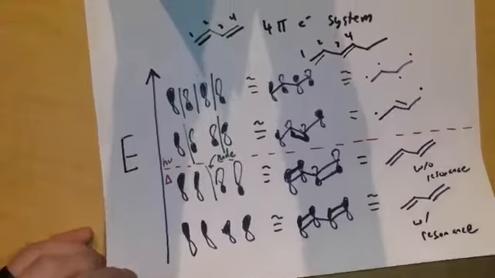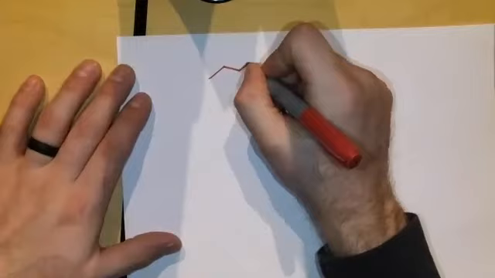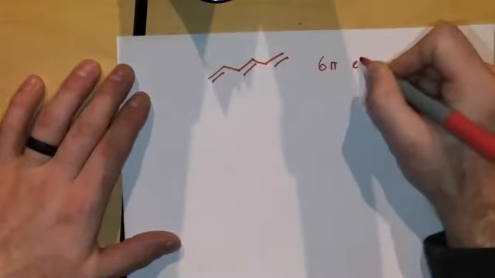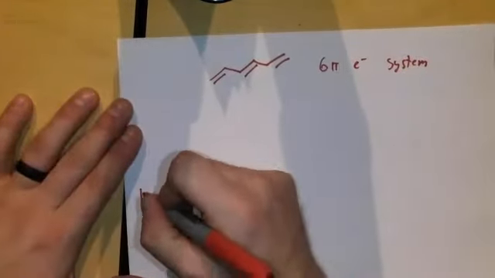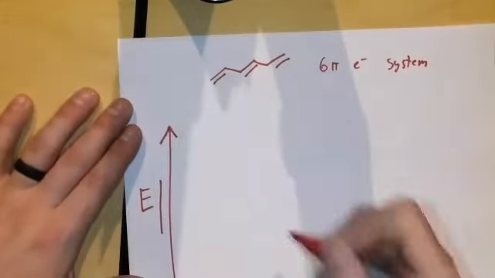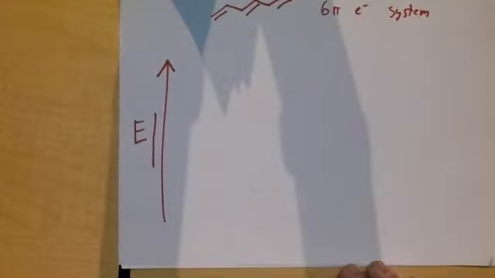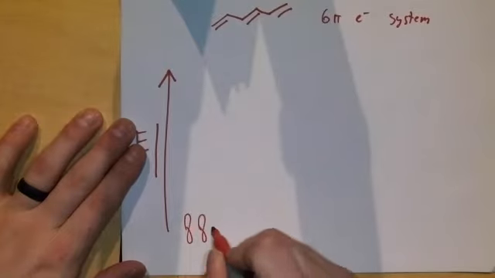So let's look at a 6-electron system. For a 6-electron system, I need to have 3 double bonds. Our lowest orbital system is always the same thing.